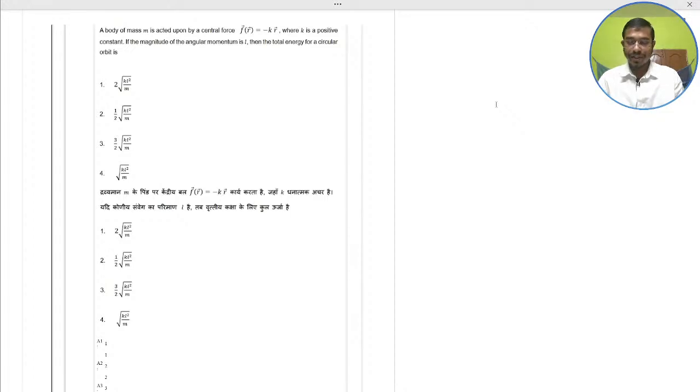So in this question you have to apply the effective potential energy. So here the effective potential energy is L square by 2m r square, okay, plus the potential energy half k r square in circular orbit. Okay, so in circular orbit, this is another important question coming from the classical mechanics central force problem.